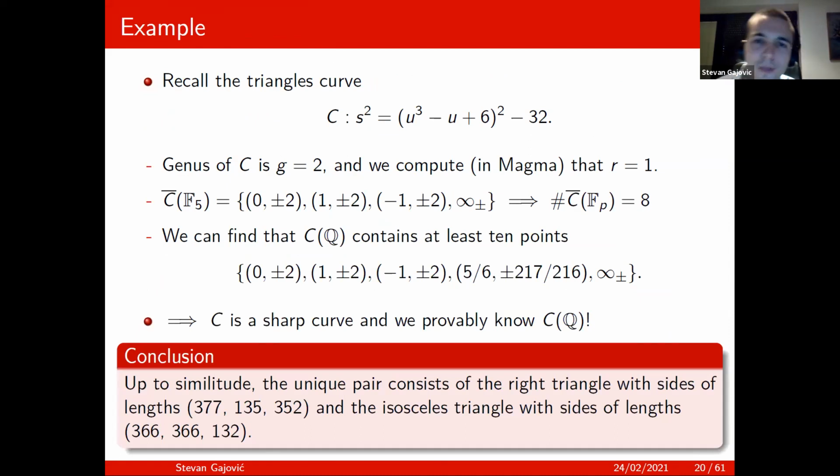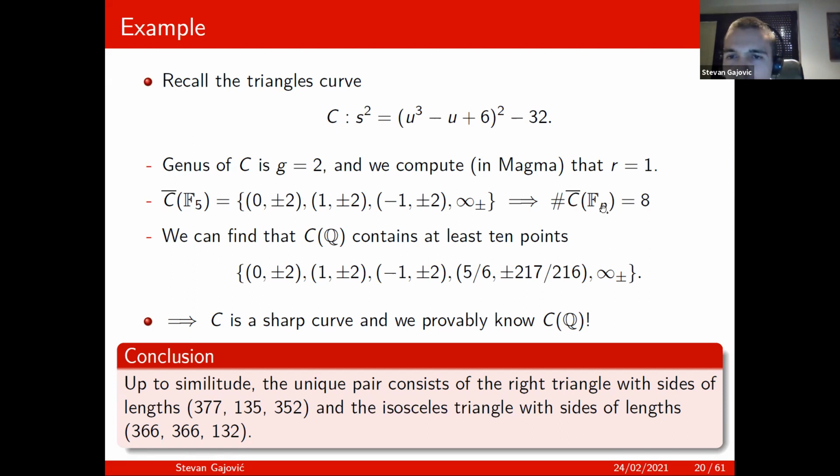So this is a curve that arises from the triangles problem, and that was a miracle. This curve has genus 2, and the rank of its Jacobian over Q is 1. Further, we compute that if we take P equals 5, 5 is a prime of good reduction, there are 8 F5 points.